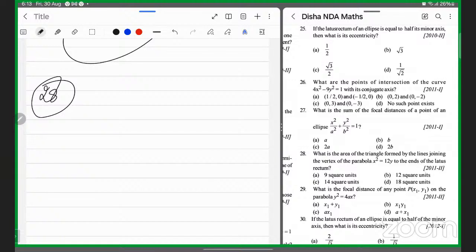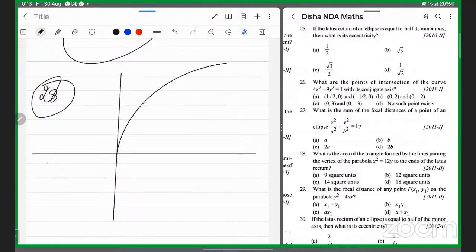What is the area of the triangle formed by the line joining the vertex of the parabola and the ends of the latus rectum? Solve it, good question. I will tell you, and you can solve it in 1 minute or 30 seconds if you are capable.